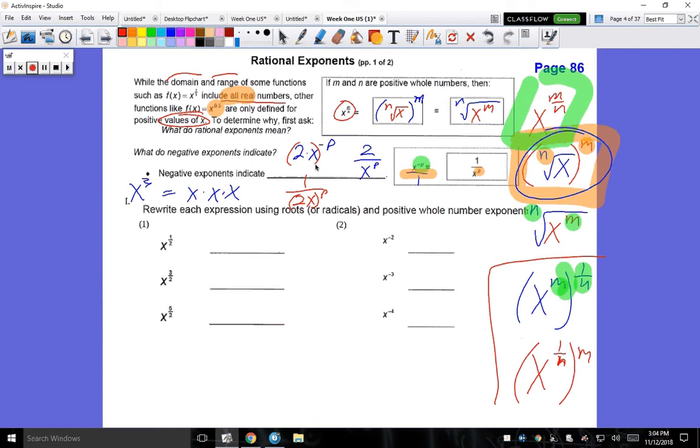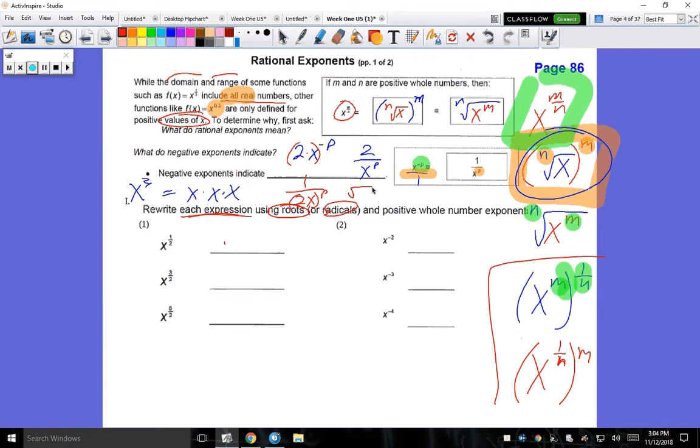Parentheses with grouping. Okay, so now what we're going to do is we're going to rewrite each expression using roots or radicals, okay? And positive whole number exponents. So x to the power of 1/2. How can you write that with radicals? Under the root?